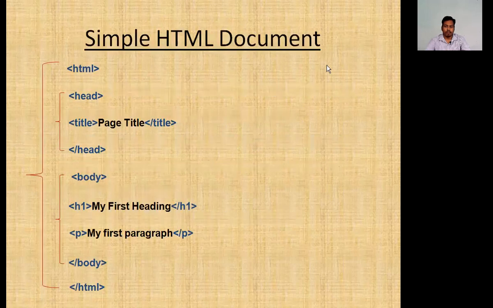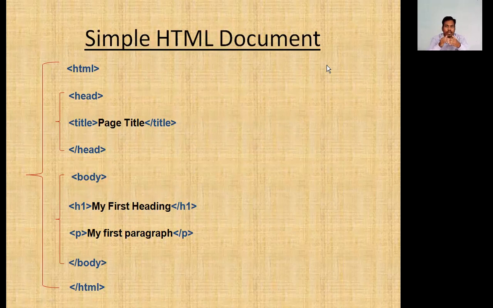let us see a simple HTML document. First, I want to tell you how you can create this HTML document. You want an editor, right? Somewhere you are creating an HTML document which will be readable by a browser like Google Chrome.